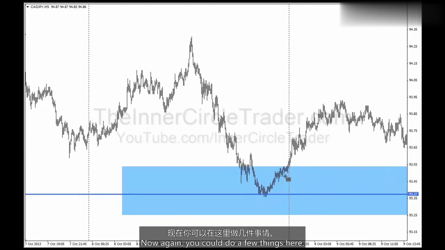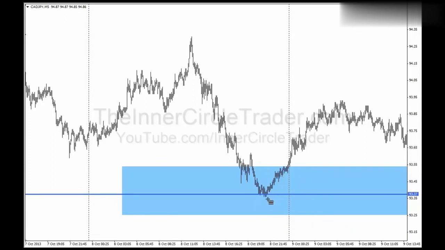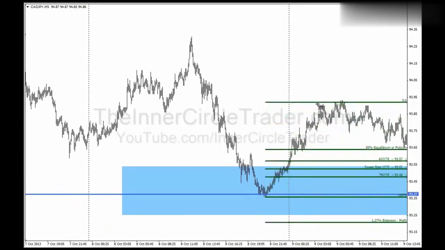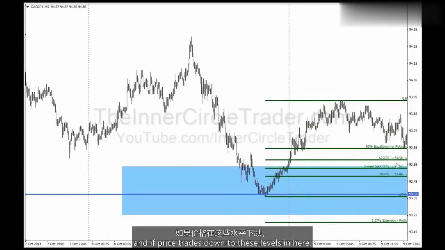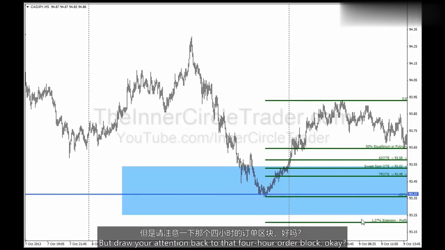Now again, you could do a few things here. You could use your basic optimal trade entry, which is pulling a low to a high, and if price trades down to these levels in here, okay, 93.50 is a good area because it's around that big, mid-figure level. Okay, but draw your attention back to that 4-hour order block.